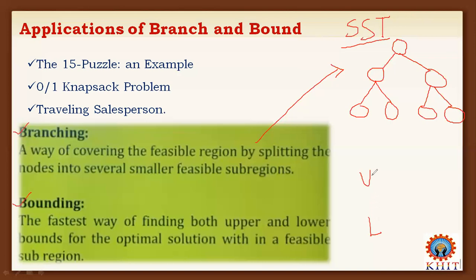For every result, you will get one upper bound and one lower bound. These upper and lower bounds need to be mentioned for each and every node. So the upper and lower bound of each node is to be calculated for solving the minimization problem clearly.